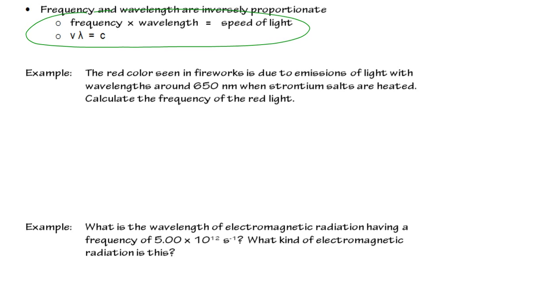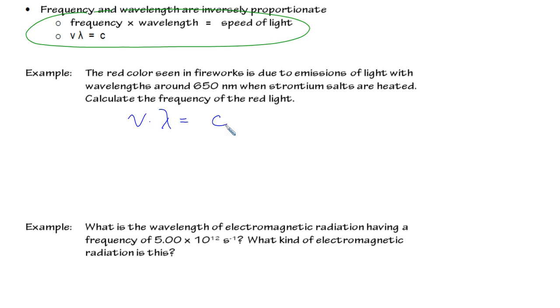Okay, so I've got my equation. Frequency times wavelength equals the speed of light. And now we start plugging and chugging, but here's the problem. When I look at the AP packet, I have the speed of light given to me, c.